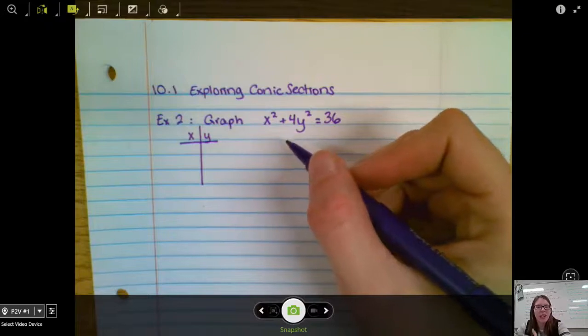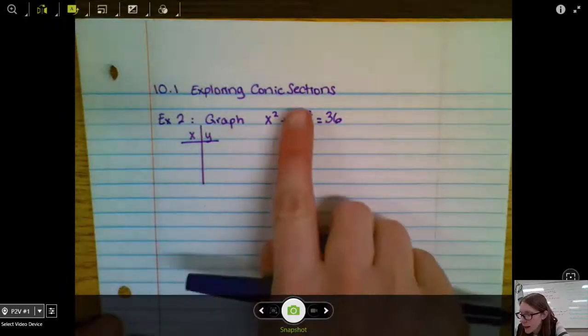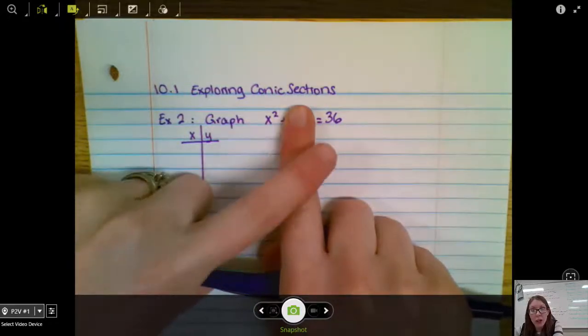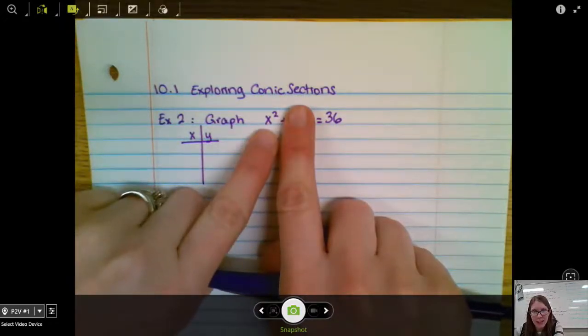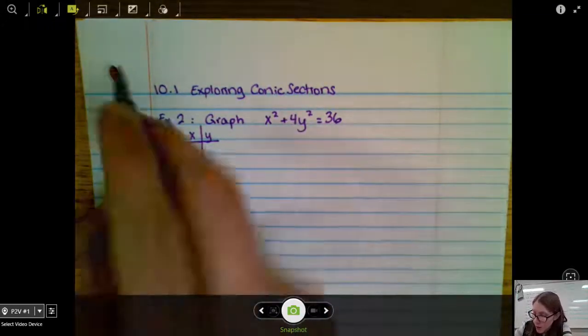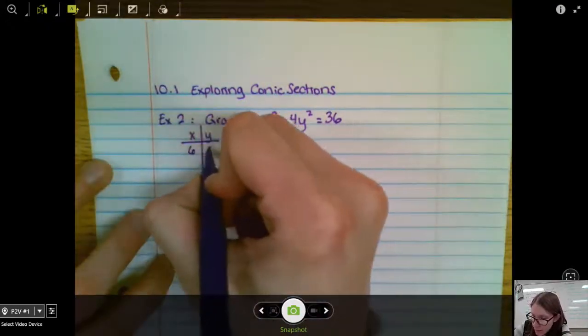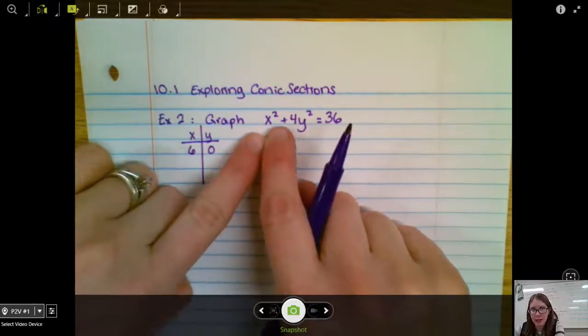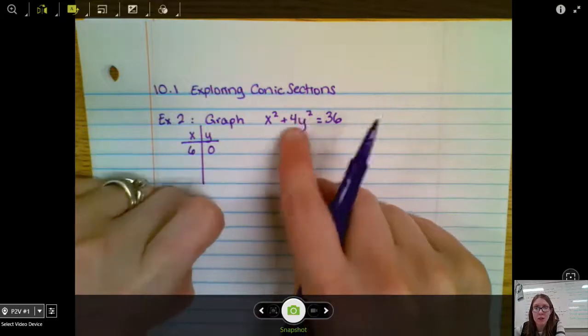If I try to think of some values here, I'm just going to look at the x squared for a second. X squared could equal 36 if x is 6. So 6, 0 gives me an ordered pair, because 6 squared is 36. If you plug 0 in here, this whole term is 0.